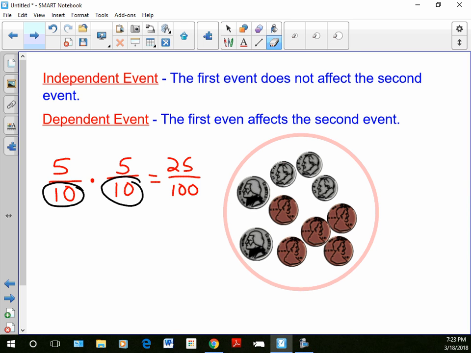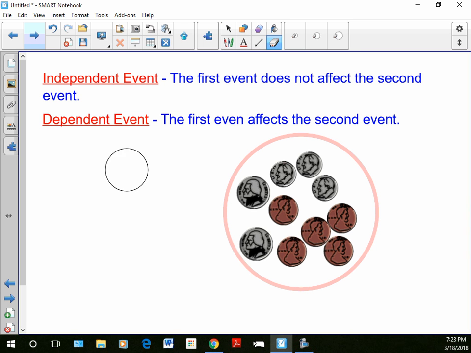So, let's try a different scenario. Let's say this time I want to pull a nickel out. Well, again, there are 10 coins in the bag. How many nickels are there? There's 2. So I have a 2 in 10 chance of getting a nickel when I reach into that bag. Well, I'm going to take the nickel out.